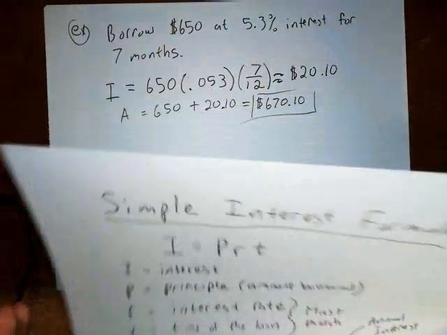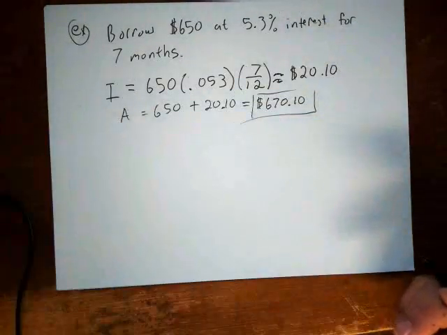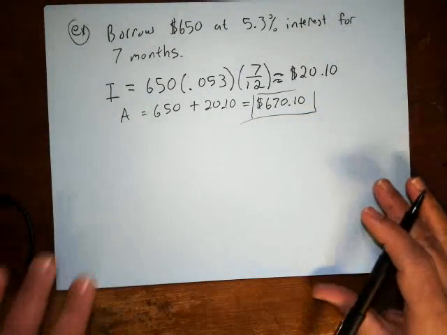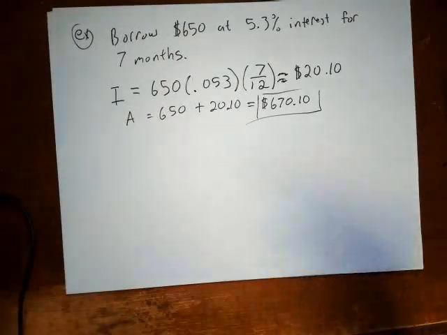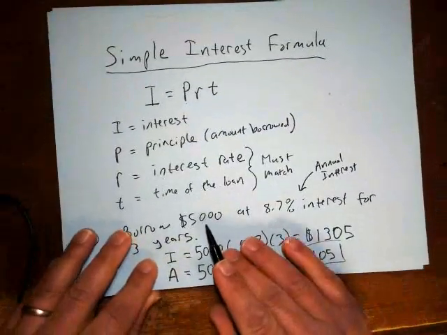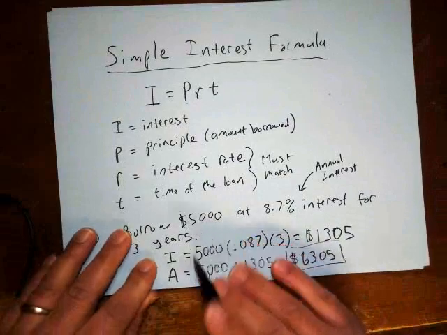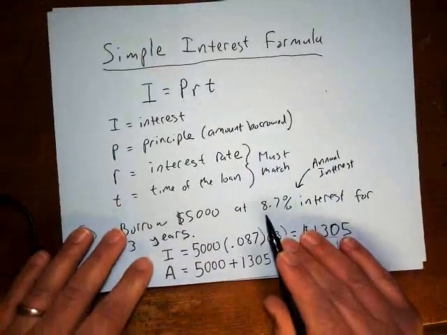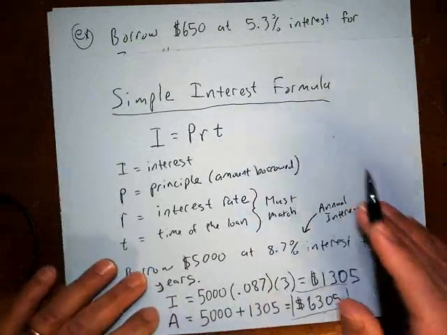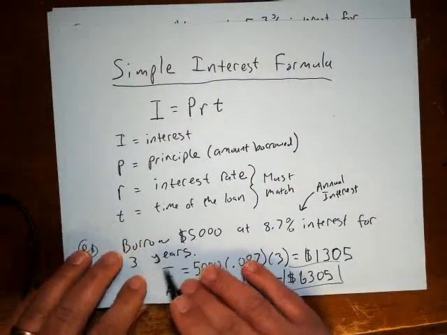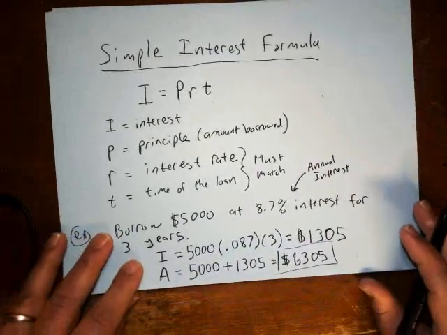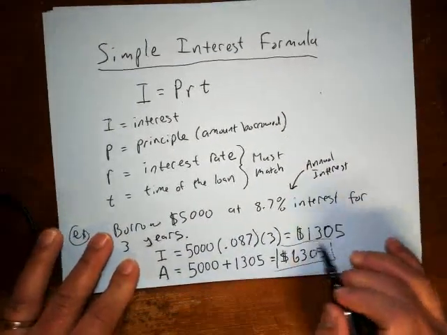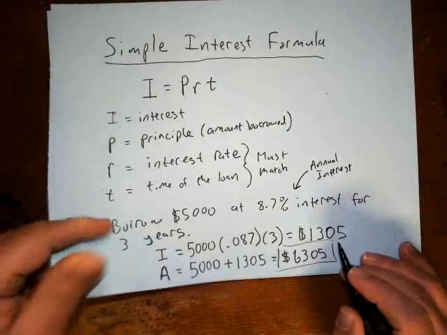At this point I usually have the class tell me, and there's actually 3 reasons. This one, the amount that you borrow is a lot more, $5,000 as opposed to $650. The interest rate is more, and the time is more. This is 3 years, that's only 7 months. And all 3 of those make a big difference in the end, right?